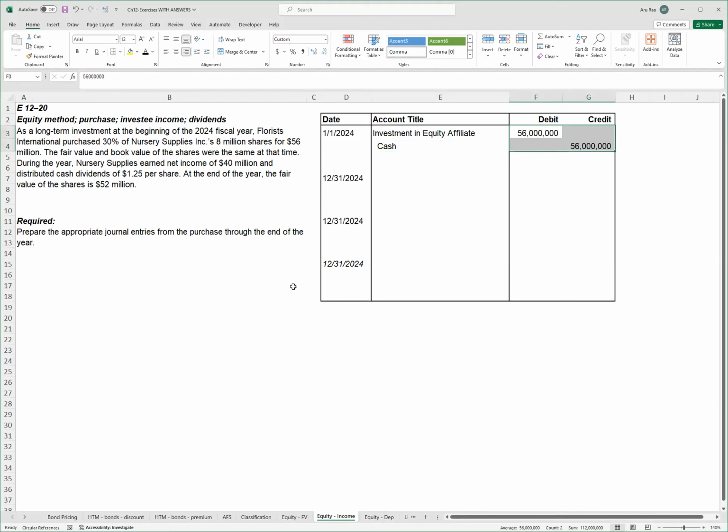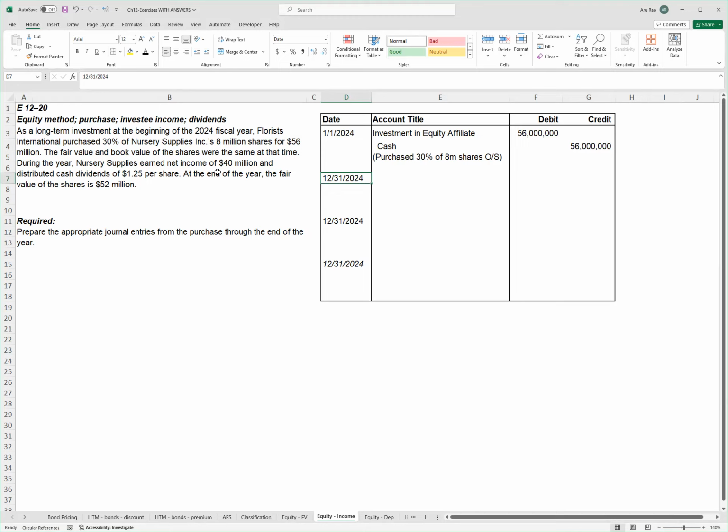December 31st, Nursery Supplies say they earned $40 million. Net income becomes a part of retained earnings. Retained earnings is a part of equity. That's of Nursery Supplies. Nursery Supplies' equity went up by $40 million, which means my investment went up as well, but not by $40 million.